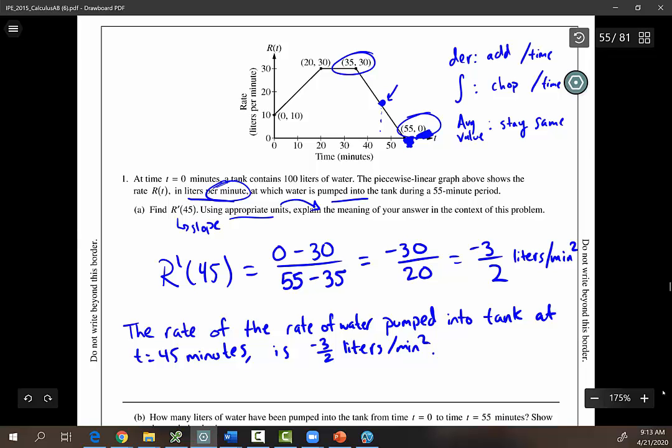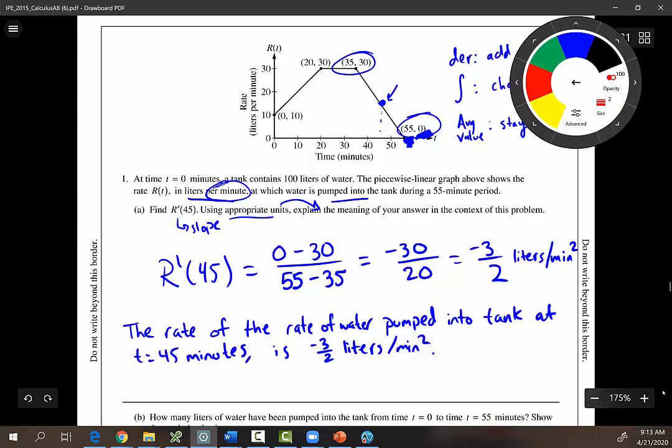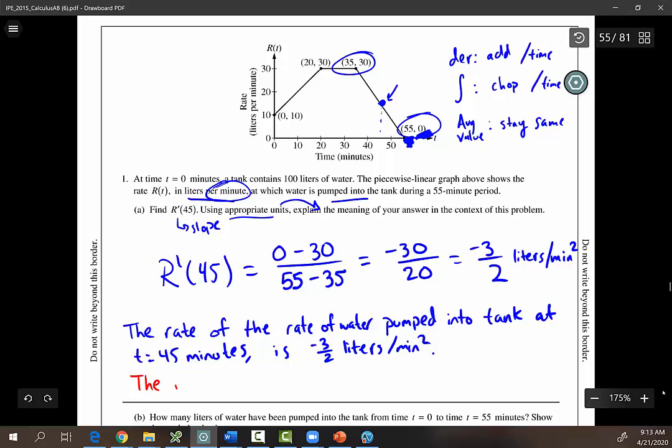Or you could also just say, a perfectly fine answer would be, the rate of water being pumped into the tank is decreasing by 3/2 liters per minute squared at t equals 45 minutes.